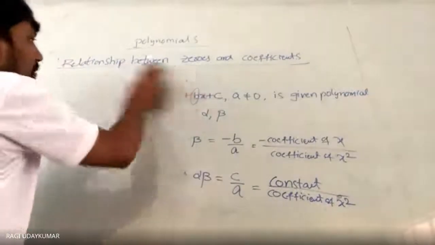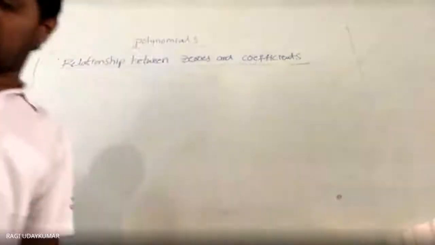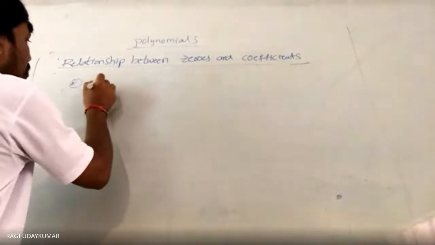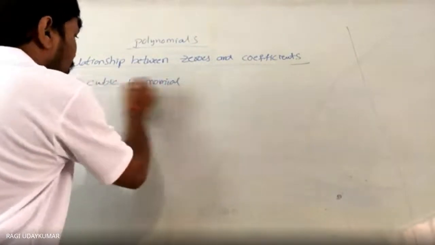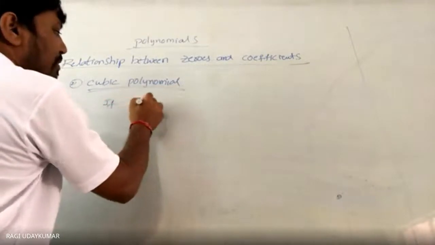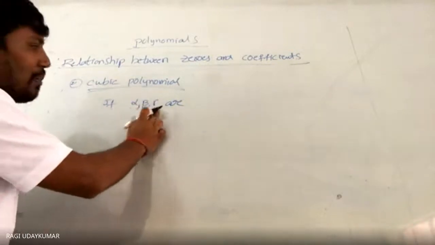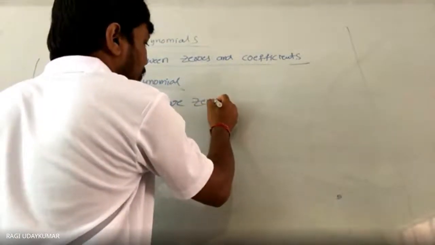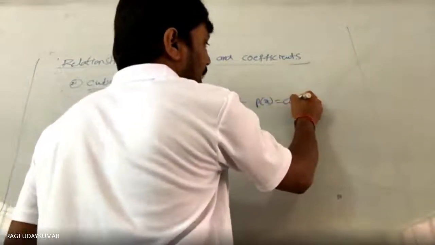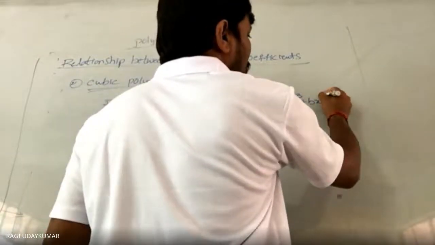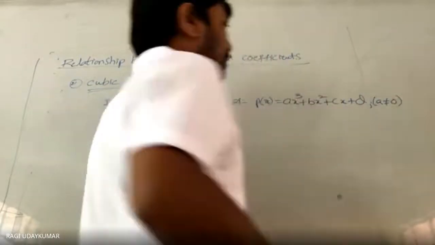If alpha, beta, gamma are zeros of p of x equals ax cube plus bx square plus cx plus d, where a is not equal to 0.